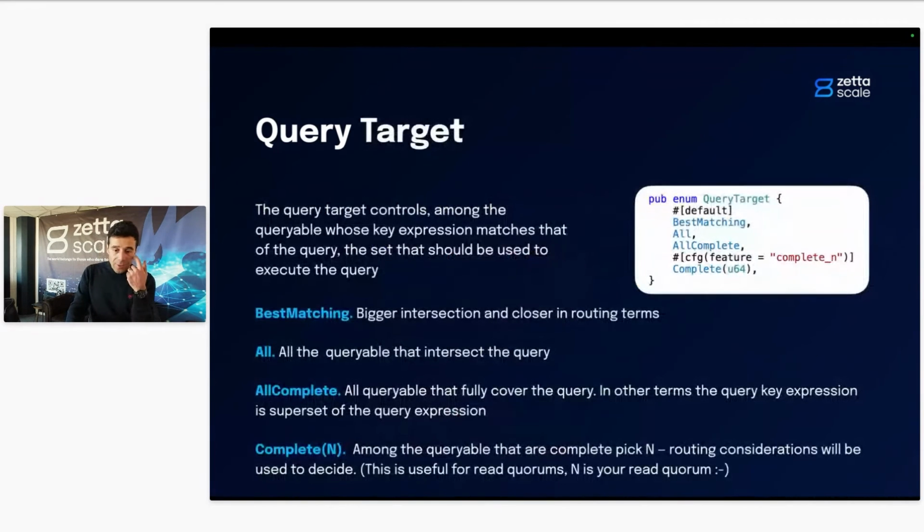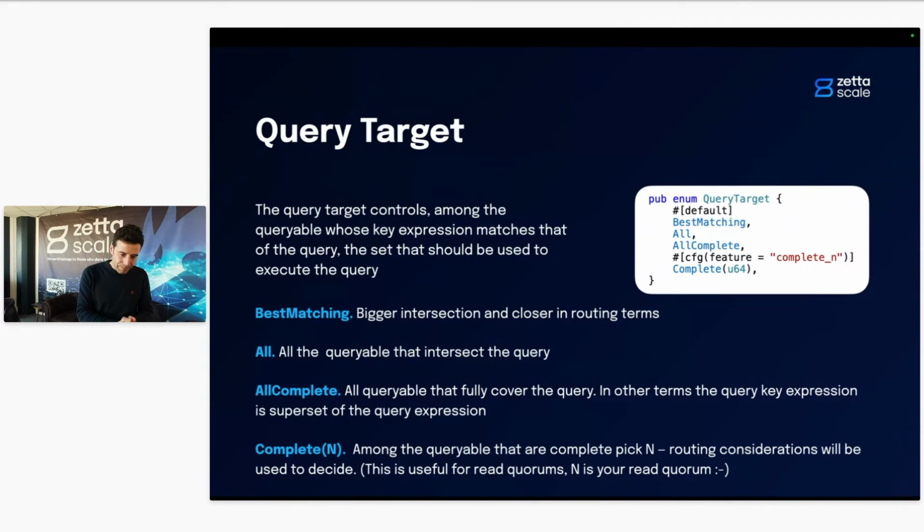And so in terms of query target, you have 4 query targets: best matching, all, all complete, and complete n. Best matching is essentially the bigger intersection and closer in routing terms. All triggers all queryables that intersect with the query.